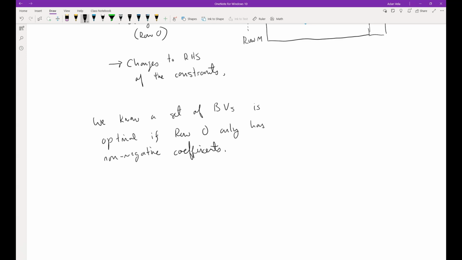Now, as part of the sensitivity analysis, we're going to check to see when row 0 begins to have negative values.